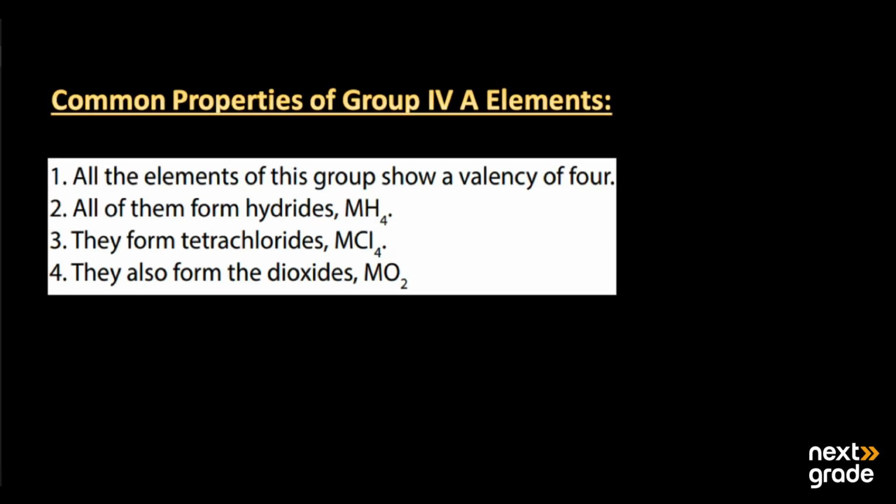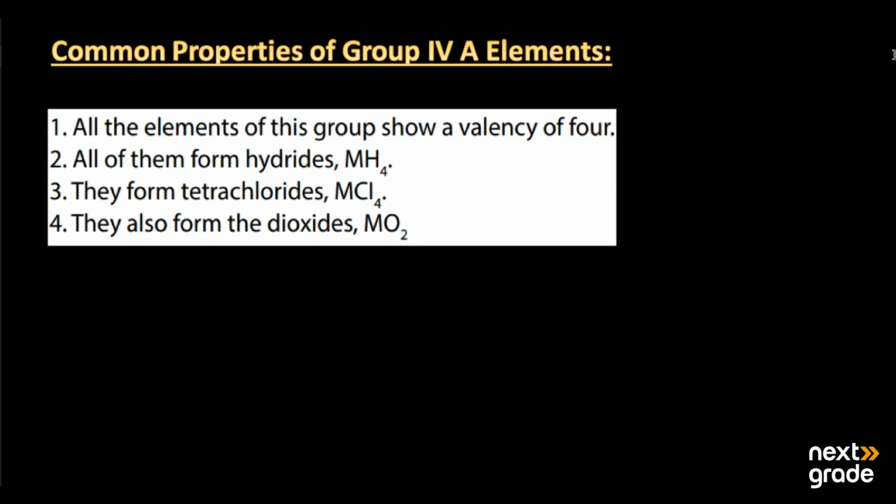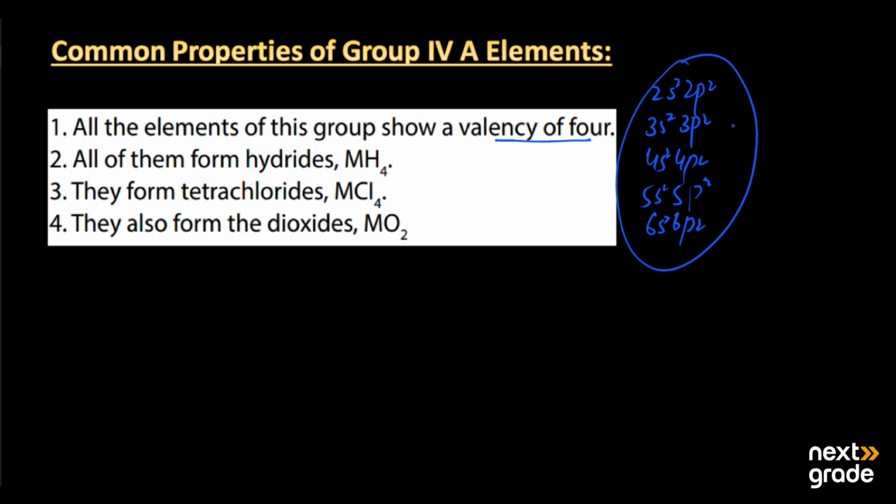After that, we have some common properties of the group 4A elements. All the elements of this group show a valency of 4. Their valence shells are 2s2 2p2, then 3s2 3p2, 4s2 4p2, 5s2 5p2 and 6s2 6p2. All have the same valence shell electronic configuration and their valency is 4.